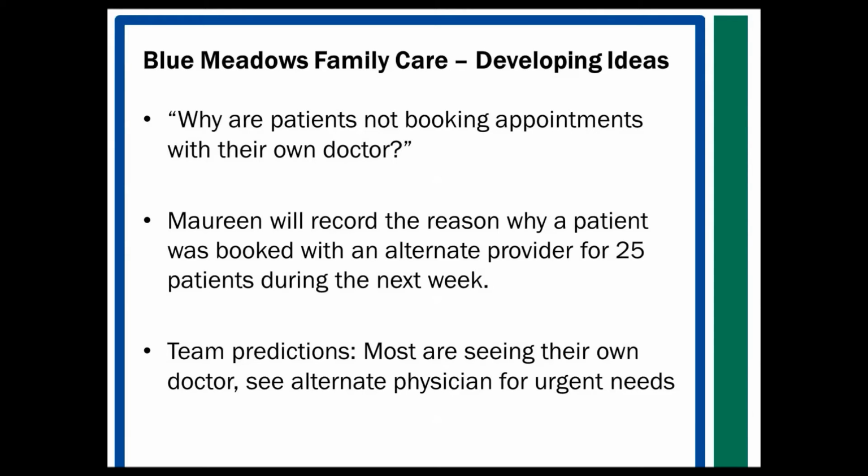They created a measurement plan in which Maureen would record the reason why a patient was booked with an alternate provider, measuring this through 25 patients during the following week. Their plan included a team prediction, which is that most are in fact seeing their own doctor, and for those that don't, it's usually related to the patient having some urgent needs.